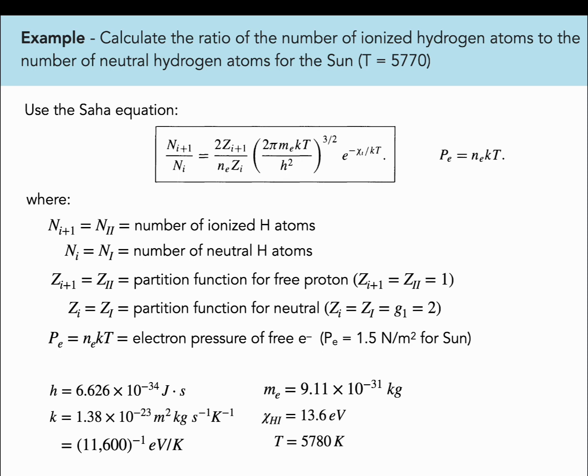So take all that stuff, throw it into the Saha equation, and get an answer. So what we find is that the ratio of the number of ionized hydrogen atoms to the number of neutral hydrogen atoms is 0.00075. So a very, very small fraction of hydrogen atoms are actually ionized in the sun.